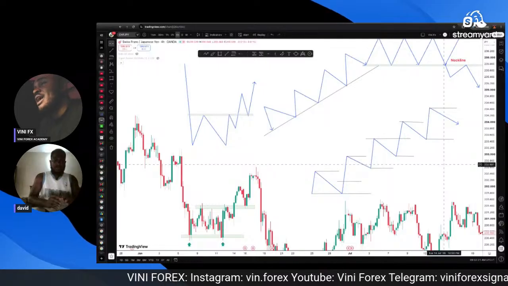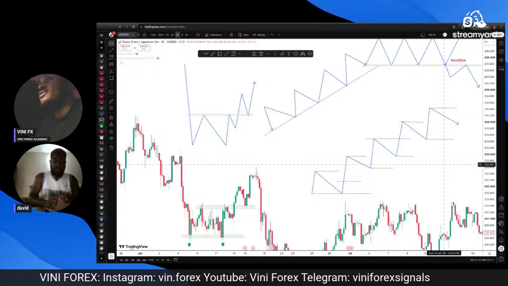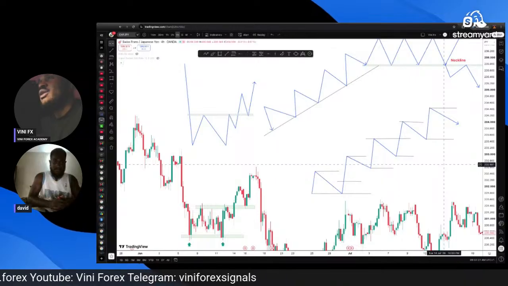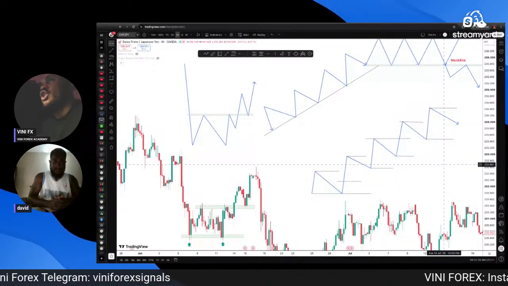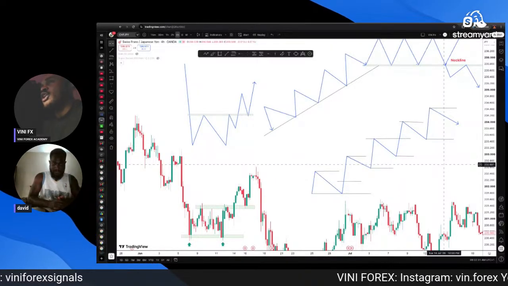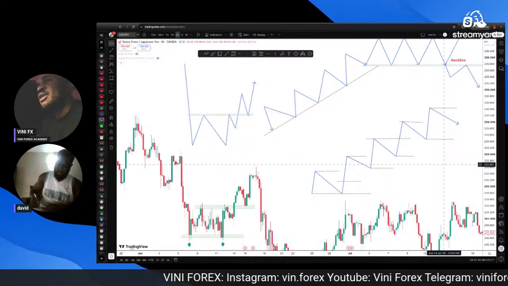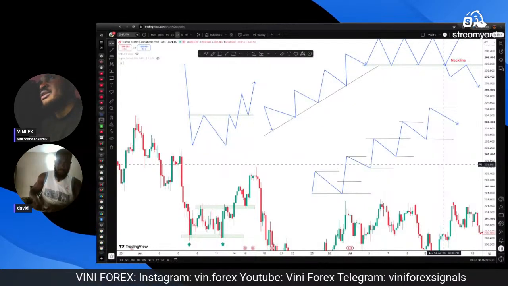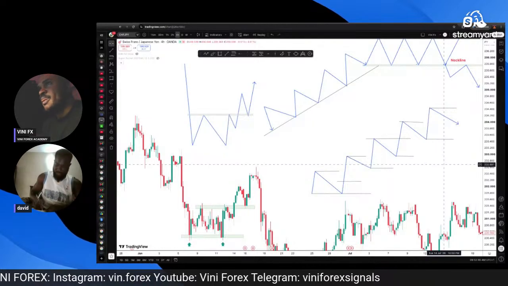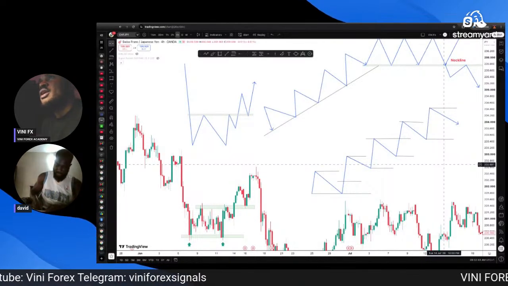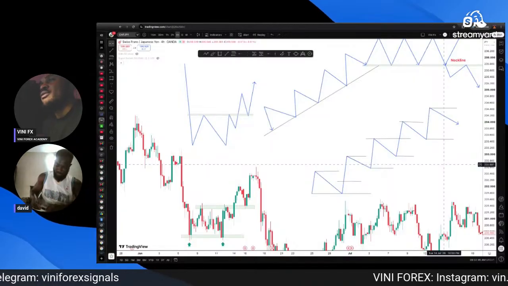A neckline only becomes available at an equal high or equal low, a double top, a double bottom. There is no neckline in an uptrend. A neckline only becomes available in a chart pattern.